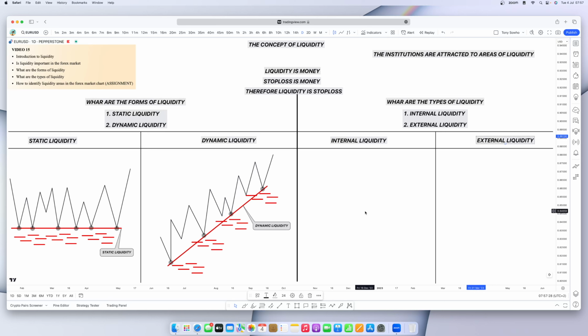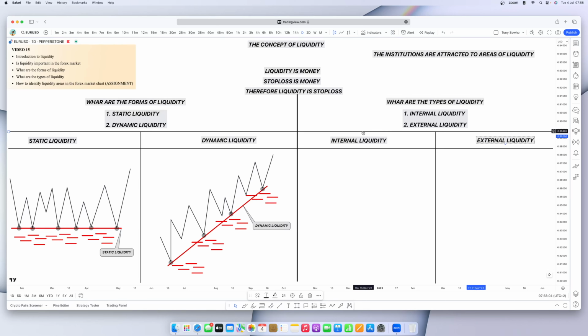Now for internal liquidity, remember I explained market structure to you and market range, which were the number one checklist, right?